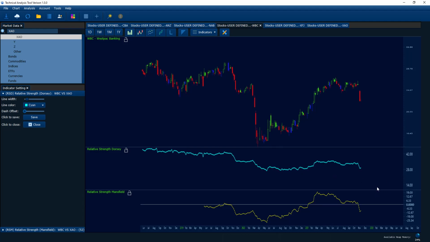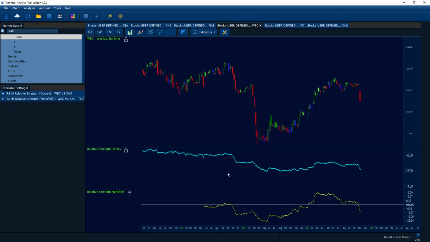And the RSM is taking things a little bit further, because it's trying to smooth out the RSD value by applying a moving average. So we're using the average units specified here to recalculate the RSD, and then we applied some formula functions to divide the numbers into two categories.